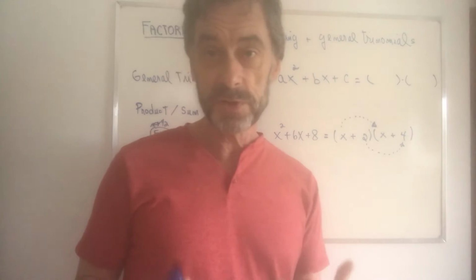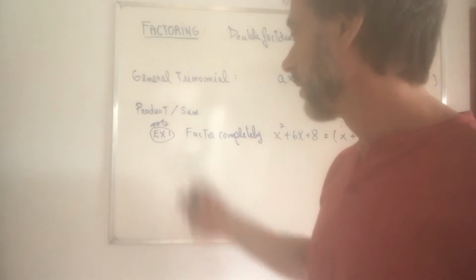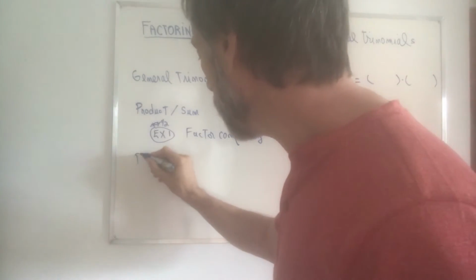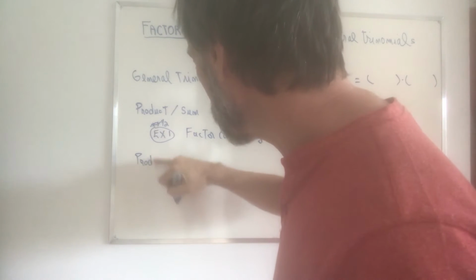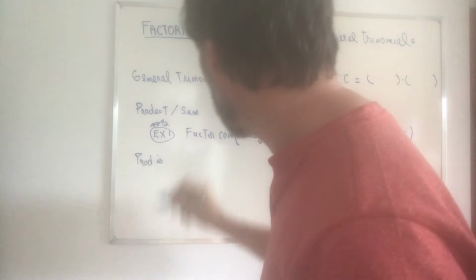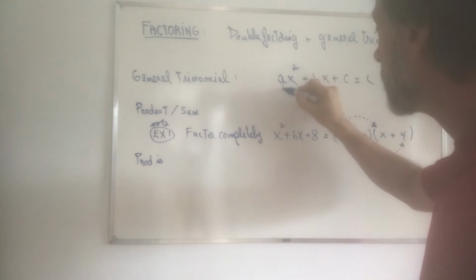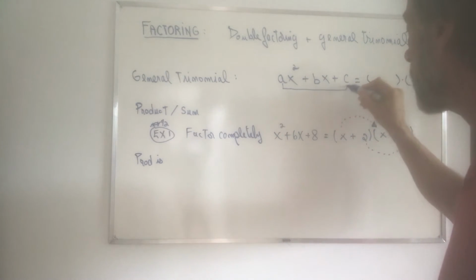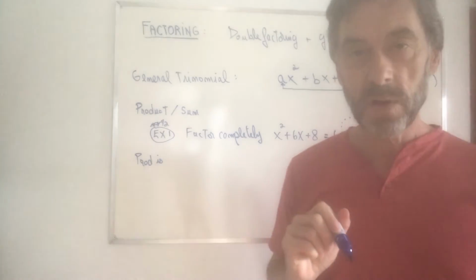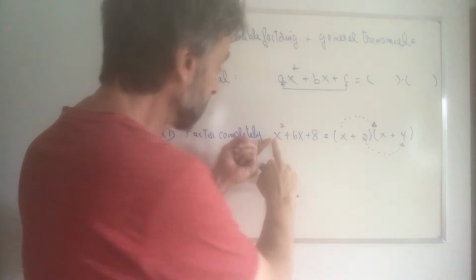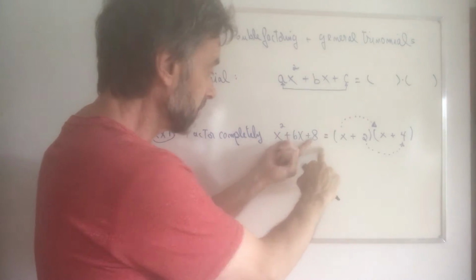But there is a more structured method called product sum that actually says you need to find two numbers whose product is this guy times that guy. So the coefficient of x squared times the constant term. In here the coefficient of x squared is 1 and the constant term is 8.